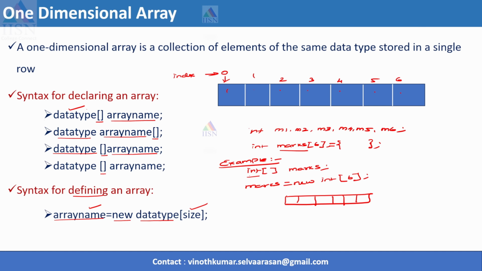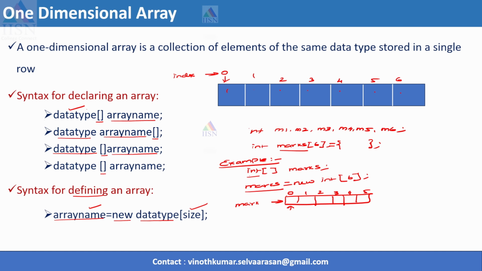Here we created an array of 6, so the indexes are 0, 1, 2, 3, 4, 5. If you want to access the location of a particular index value, you need to mention the array name. What is the array name? The array name here is marks.